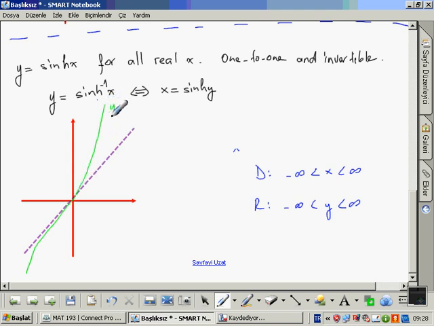This is y equals sine hx, and the other one is y equals inverse sine hx.